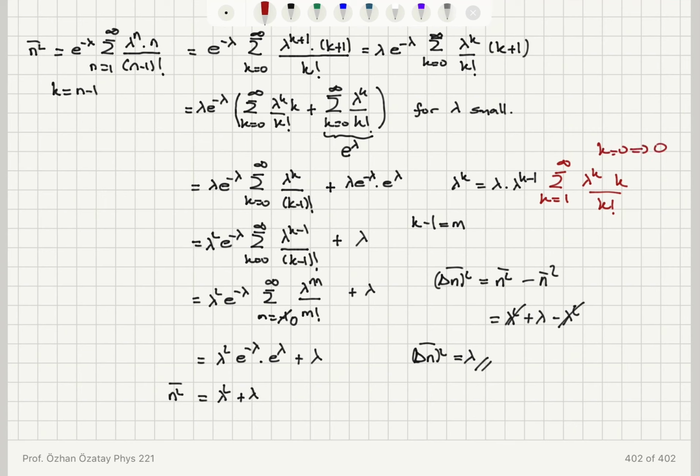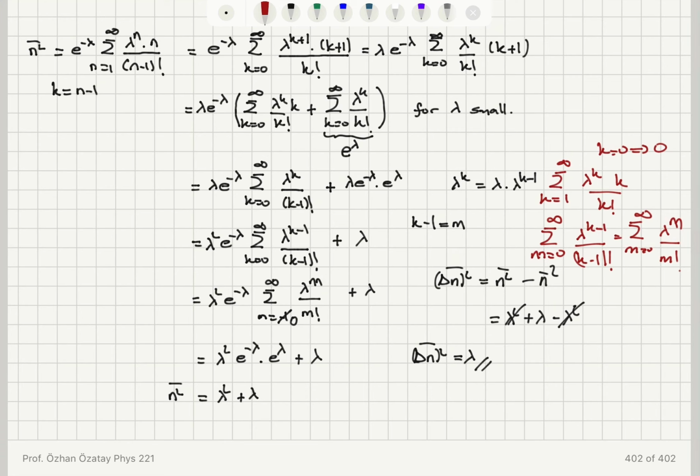So then I substitute k minus 1 is equal to m. So when k is 1, m is equal to 0. So this is going to become m equals 0 to infinity lambda to the power k minus 1 divided by k minus 1 factorial, which is sum m equals 0 to infinity lambda to the m divided by m factorial.